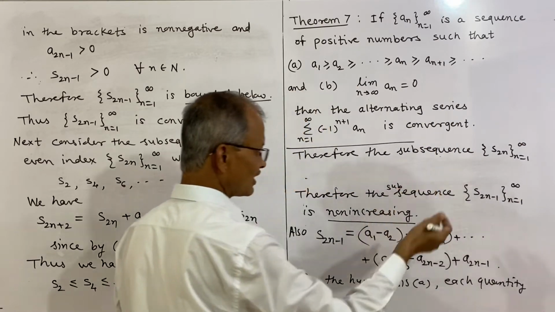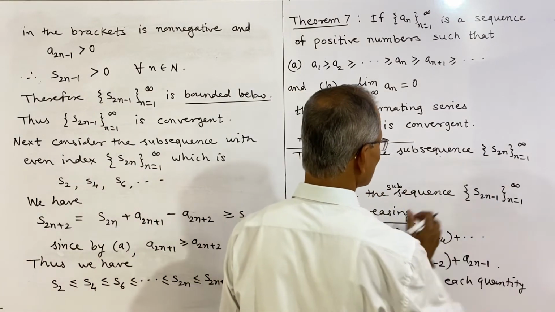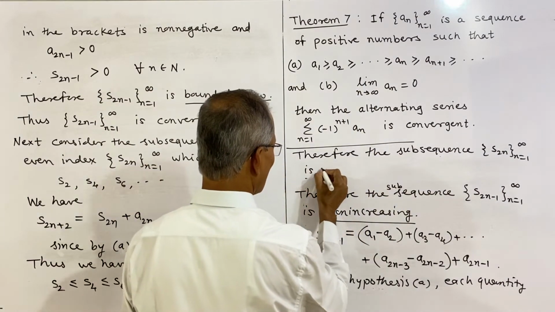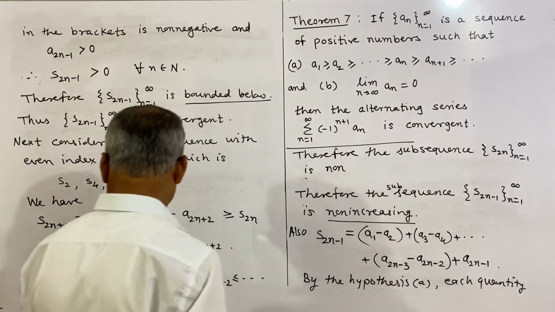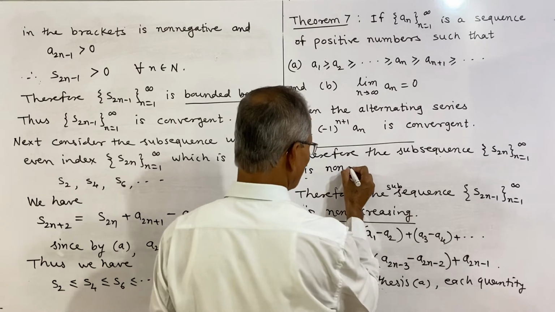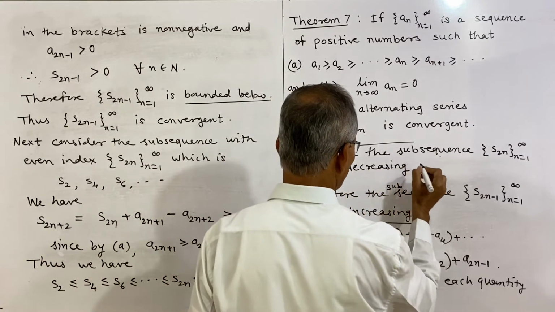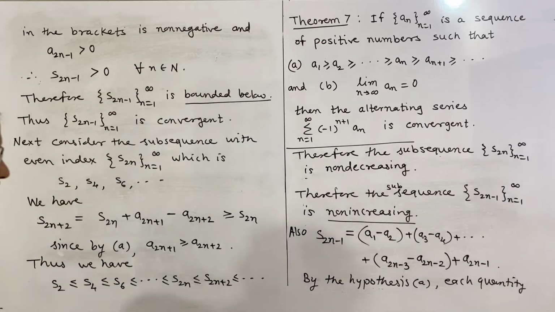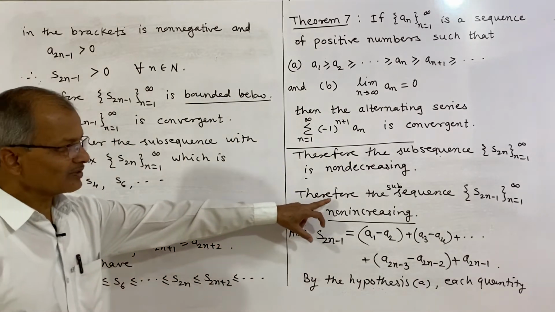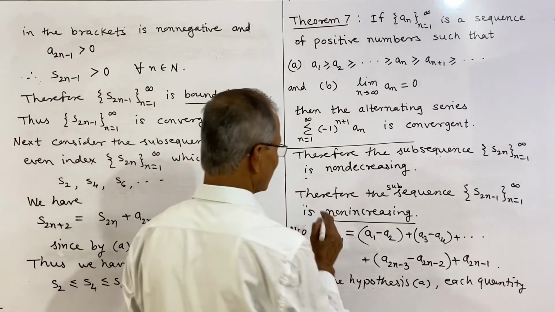So the sequence we will consider as Sn, and the subsequence S2n is non-decreasing. Actually increasing, but we use the word non-decreasing. And that is the difference. The earlier sequence we have written is non-increasing, and this sequence is a non-decreasing sequence.